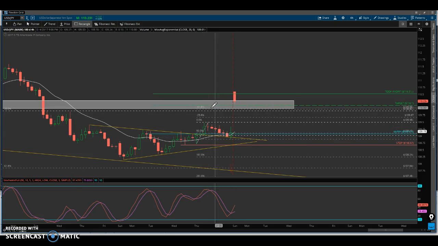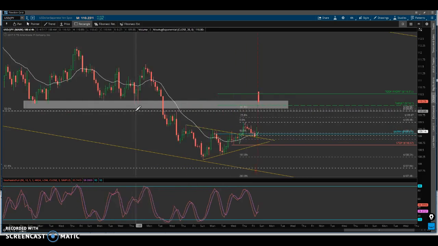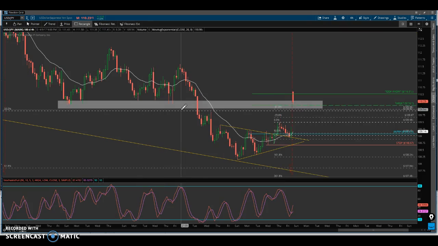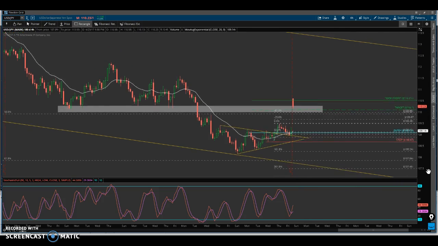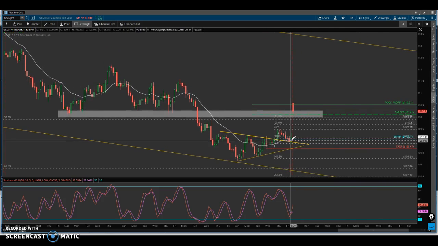The 61.8 was right up around that area as well. So that was where I was targeting. I left my stop where it was. The market closed, and I was just barely in profit when the market closed, by just a few pips. So I just left it where it was and let it ride out.